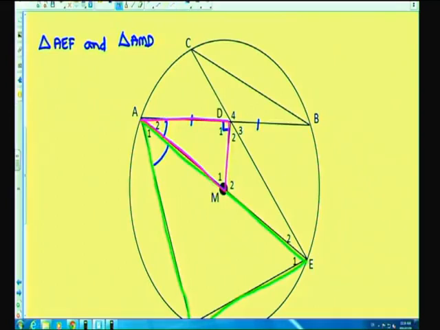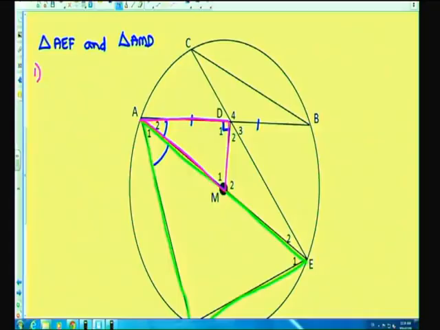So to prove similar, we have to find at least two angles equal. And in the light of what they gave me, and I filled it in on the drawing, I already know one of them, so let's put it down. So number one, I know that angle A1 is equal to A2 because it was given to me. So that was simply solved.